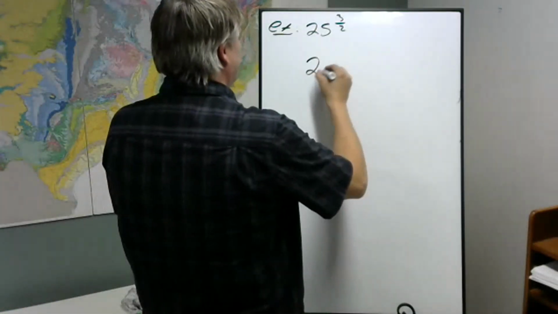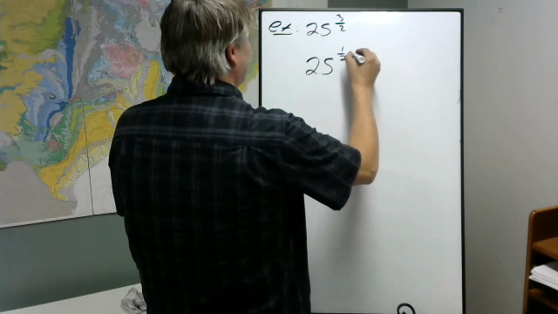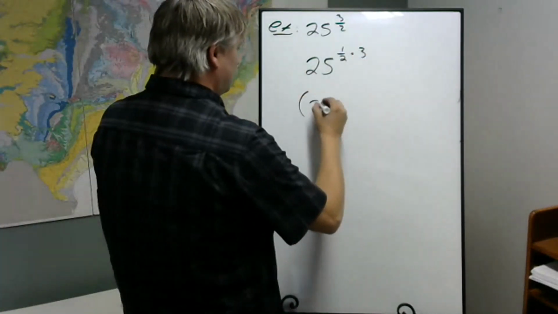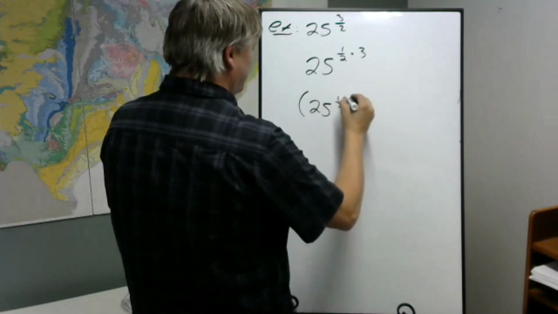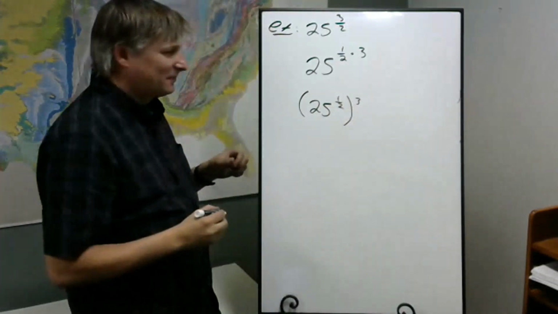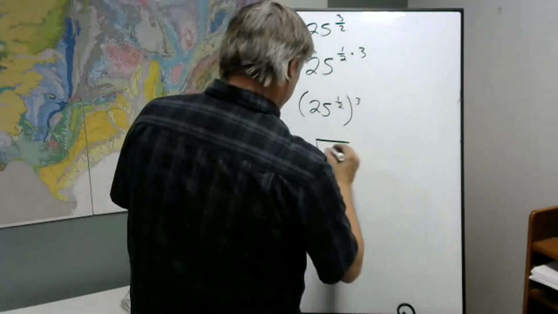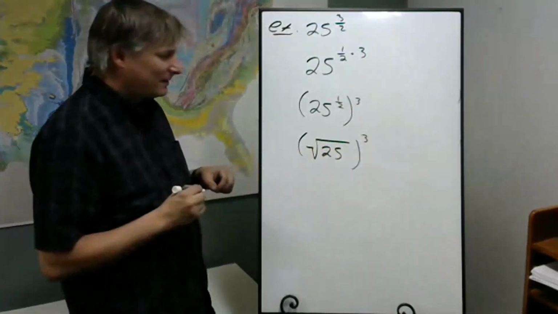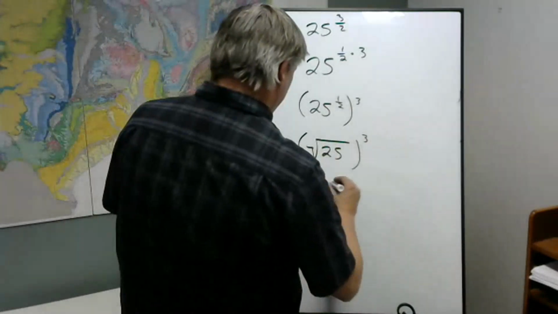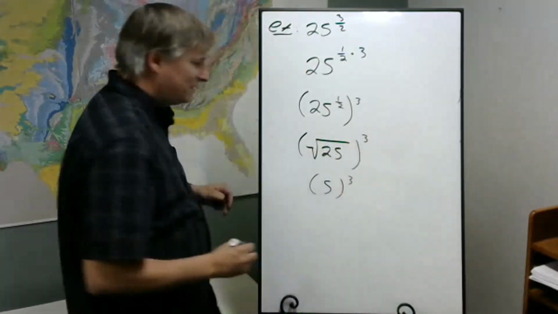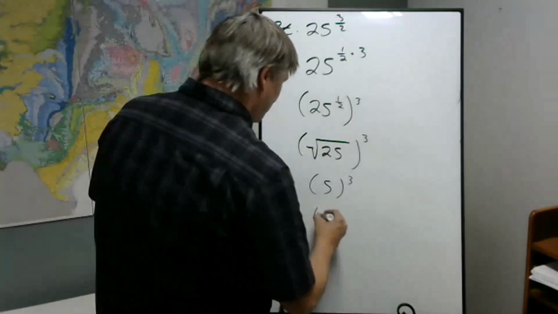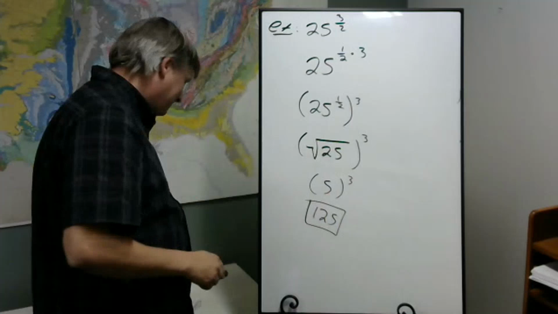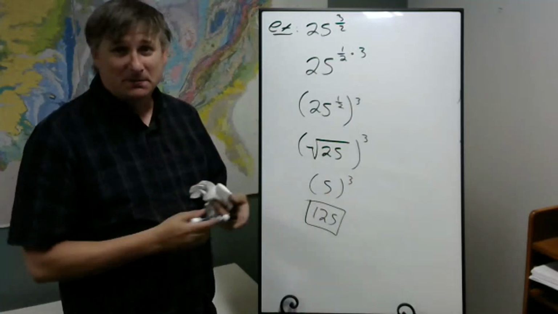We can treat this as 25, 1/2 times 3, or this will be 25 to the 1/2 cubed, or the square root of 25 cubed, or we have 5 cubed and then 125. And that's going to be your answer.